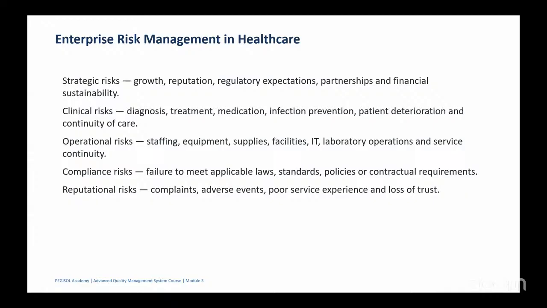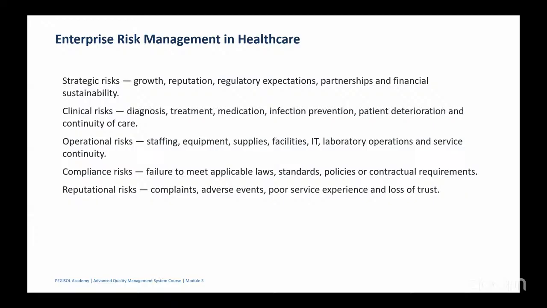Now, strategic risk, clinical risk, operational risk, compliance risk, reputation risk. These are the major risks in healthcare. We want to talk about strategic risk. We're talking about growth, reputation, regulatory expectation, partnership, and financial sustainability. That is strategic risk. When we are looking at clinical risk, we're looking at diagnosis, treatment, medication, infection prevention, patient deterioration, continuity of care.